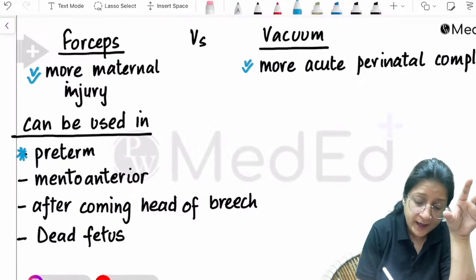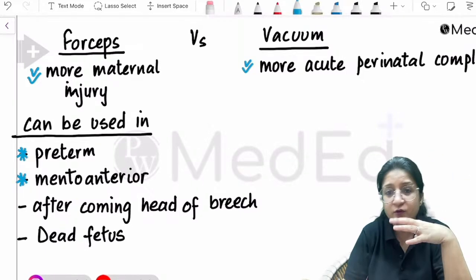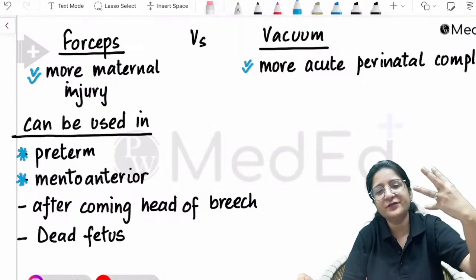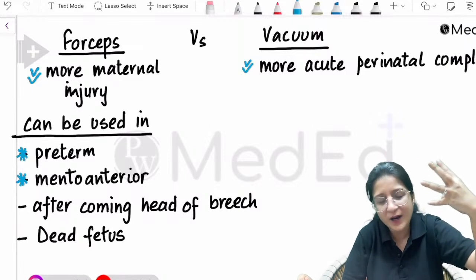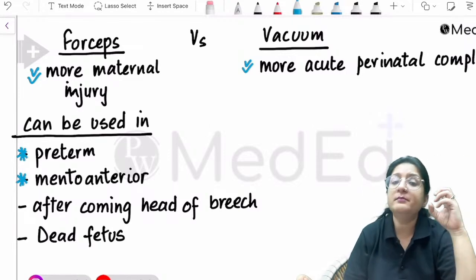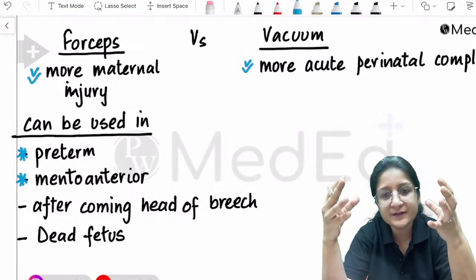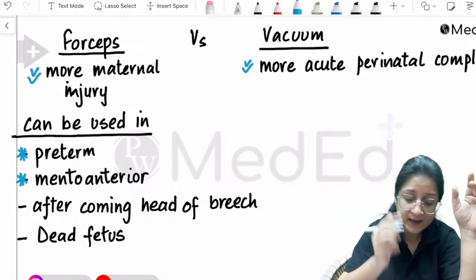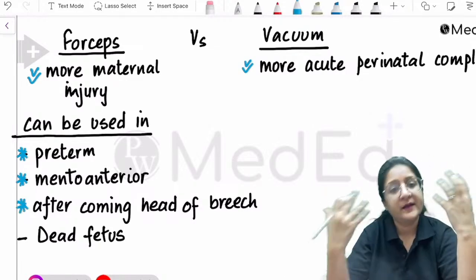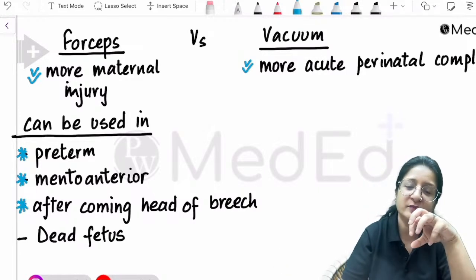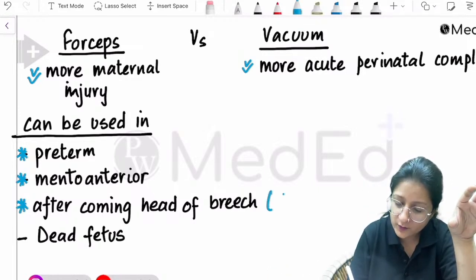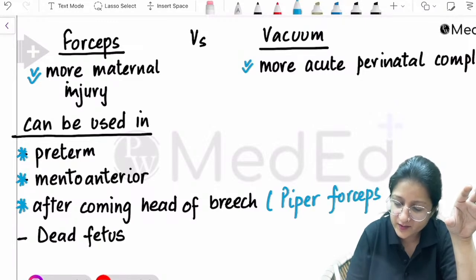So for a preterm head, if at all we have to use instruments, forceps can be used. If it's a mento anterior, you can't apply vacuum on the face, right? So in mento anterior position, if at all there is a need for an instrument, forceps can be applied. After coming head of breech, we have seen forceps can be applied. Those specially designed forceps are the Piper's forceps.